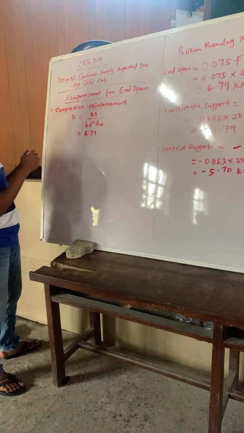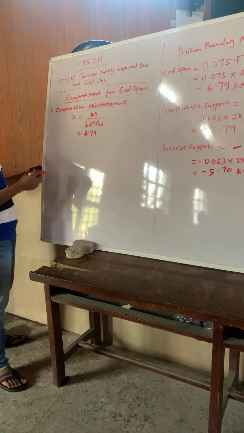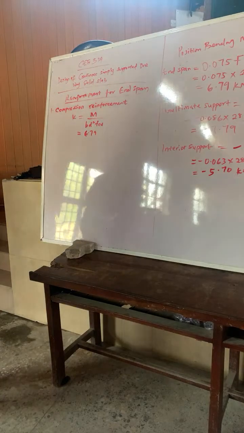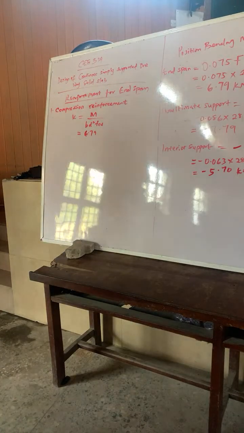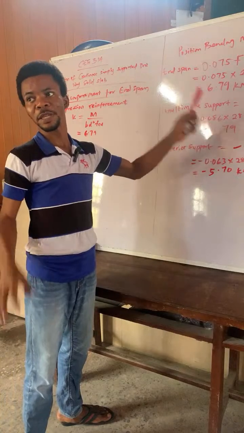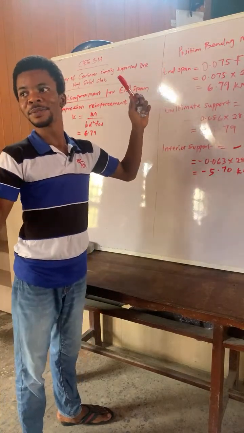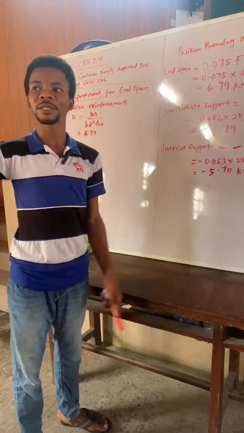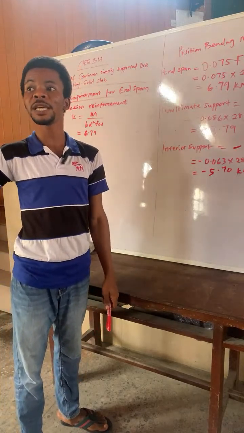So our M for end span is what? 6.79. You know we got it from our BS code, that table. That table that we checked is always given in the exam.